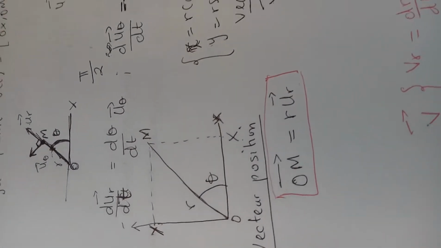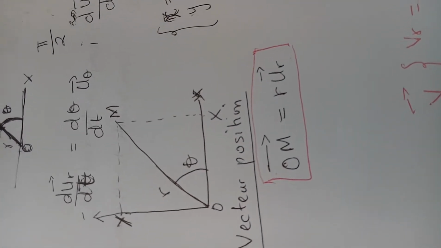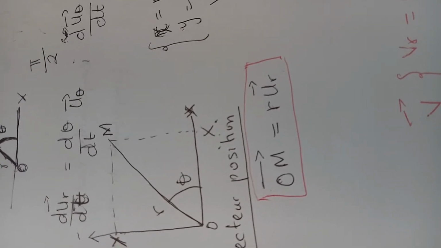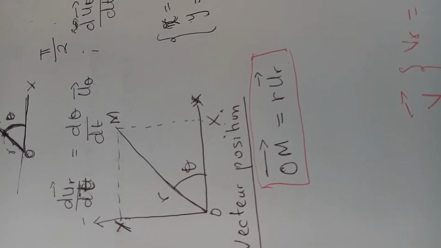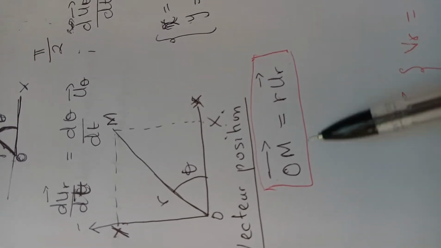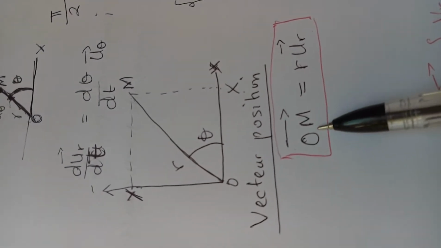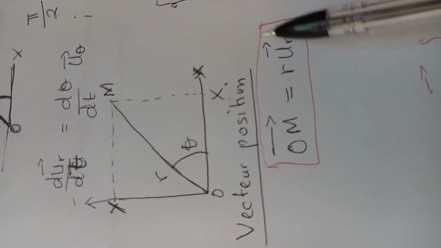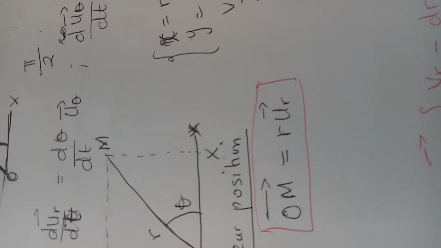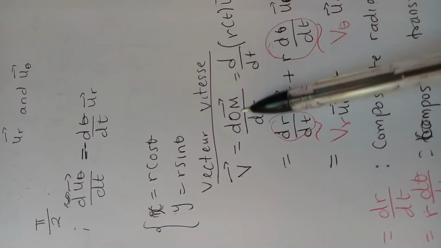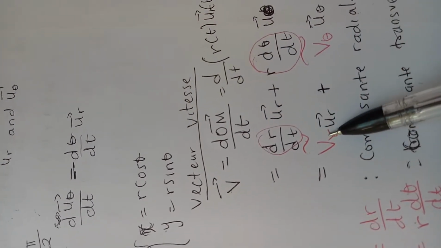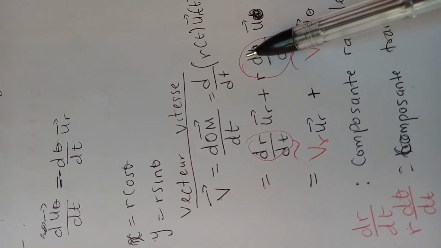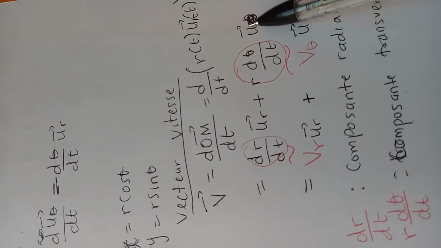And then we went to the vector position, the vector vitesse, the vector acceleration. For the vector position, we have OM is r ur, and then our vector of vitesse, after all this, we got dr over dt ur plus r d theta over dt u theta.